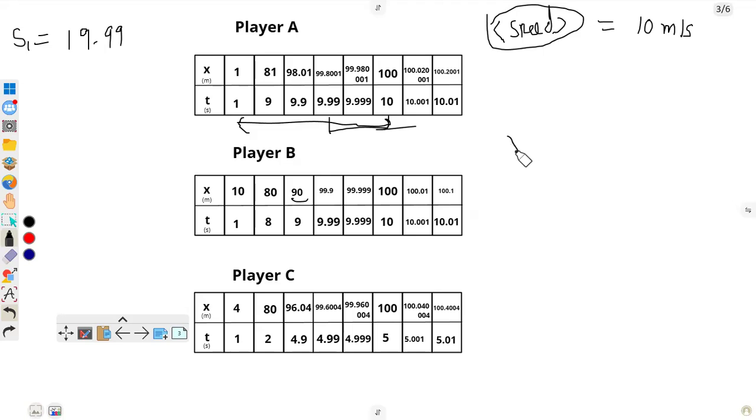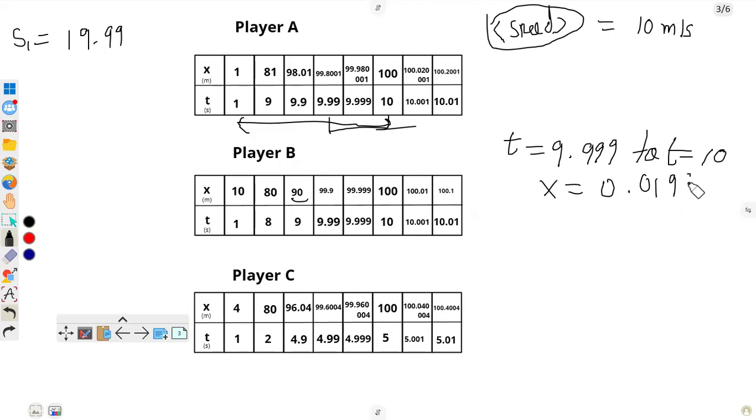So we actually have t equal to 9.999 to t is equal to 10, and our distance traveled in this time interval is, I'll do it, it's actually 0.019999, right?